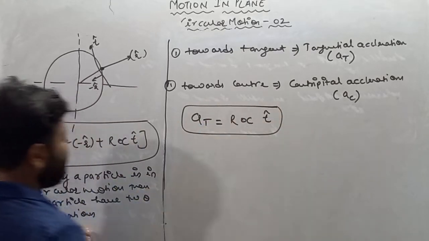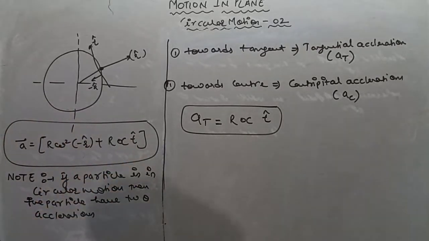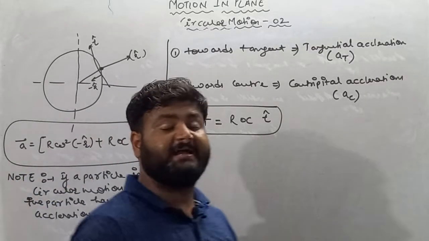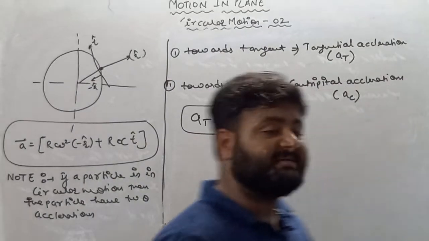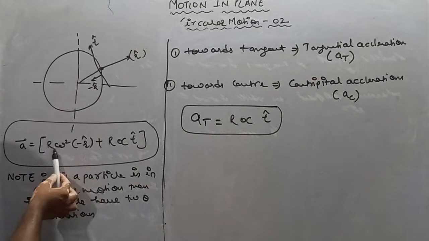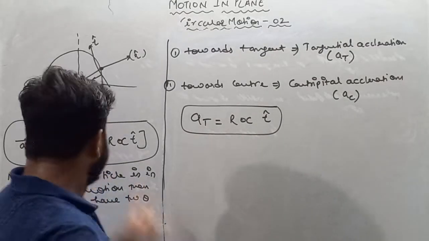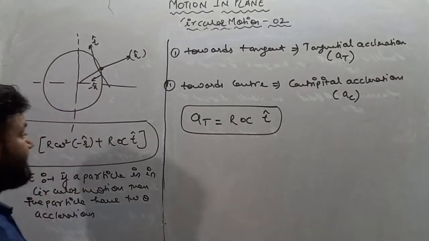See, my dear student, why I am saying this: why, when the particle is in a circular track, does it carry two different accelerations? Because r alpha is acting towards tangent and r omega square is acting towards center. That's why the particle carries two different accelerations.